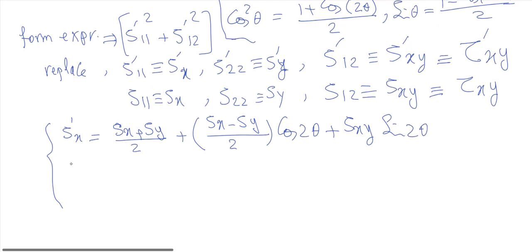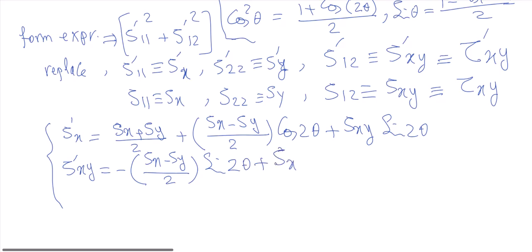And similarly, s prime xy is minus (sx minus sy) divided by 2 sine 2 theta plus sxy cosine 2 theta.